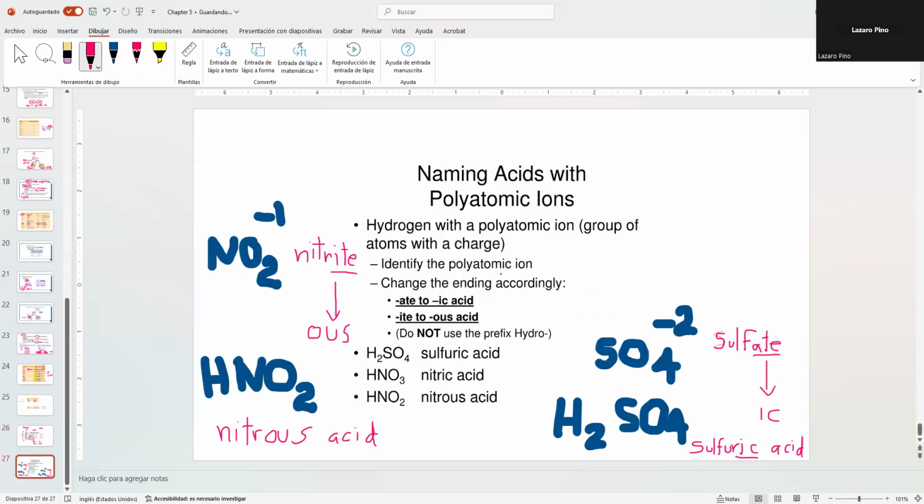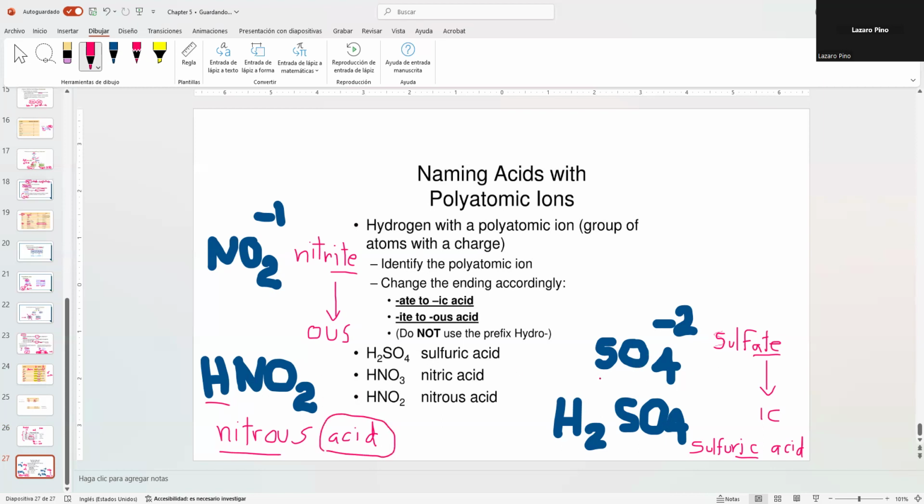Well, here we have some examples. For example, NO2 negative is nitrite. In an acid it will be nitrous acid. You have the cation hydrogen, then you say nitrous acid because it's an acid.